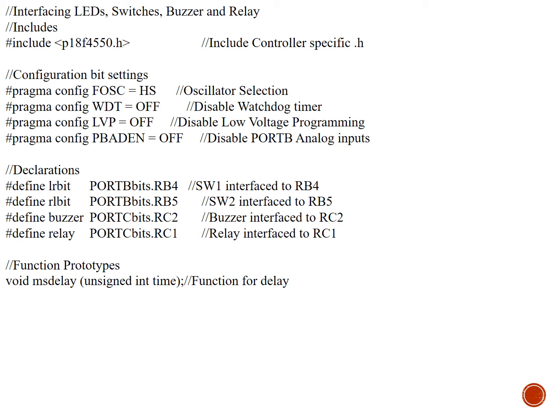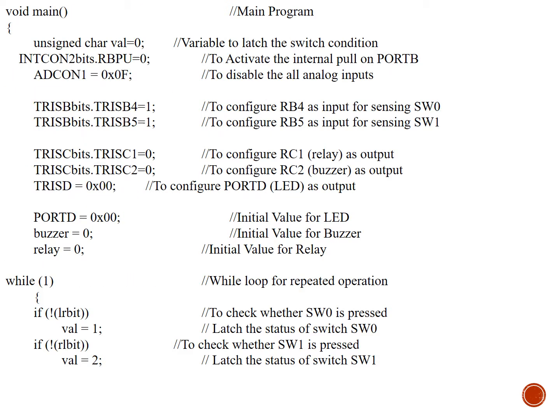For the display delay, we are using the function void ms_delay with an unsigned int time. This is for the delay routine. Now your program starts. First of all, we have two conditions, 1 and 2. So we have taken a character register val, where you are going to latch the switch condition.